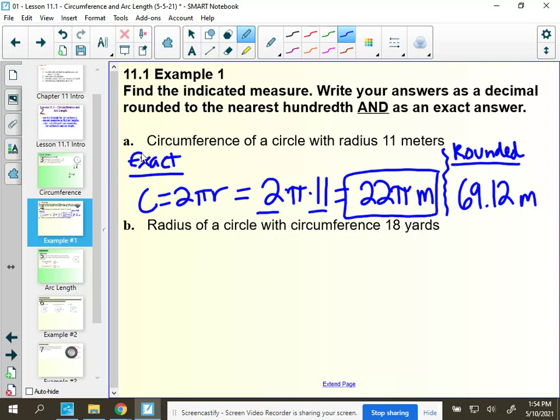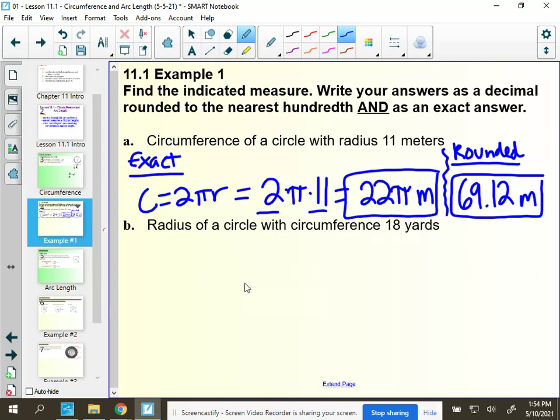If I'm walking into a hardware store and say, give me about 70 meters of rope or whatever we're building, that's a little more meaningful. So, exact versus rounded.